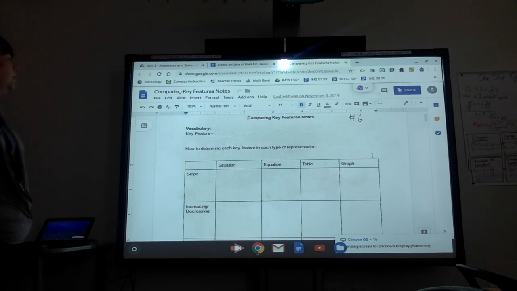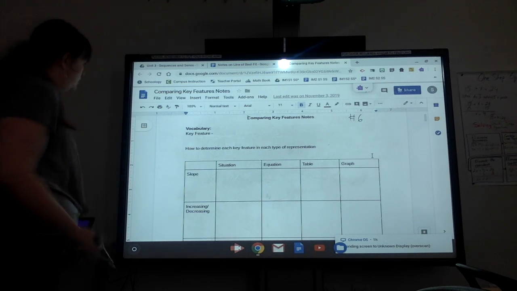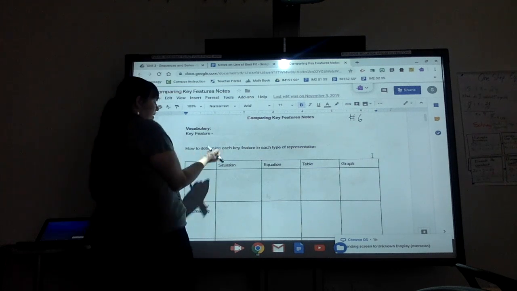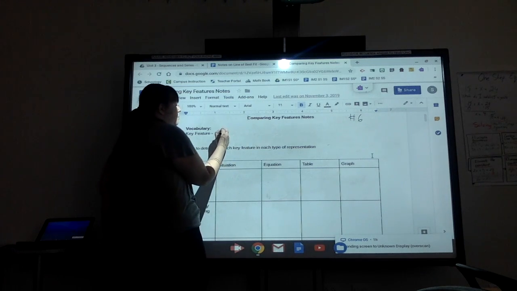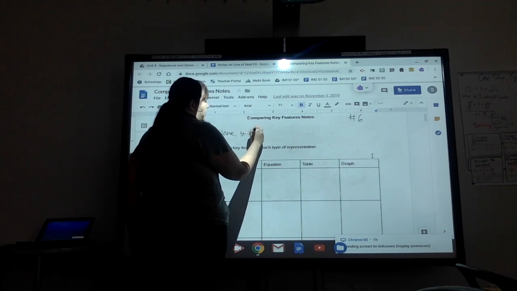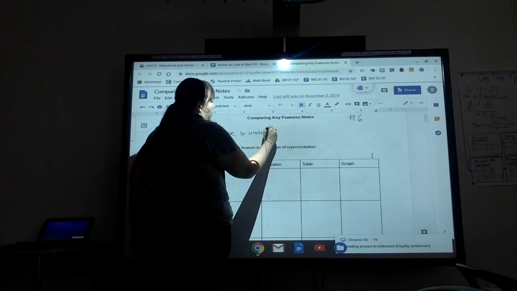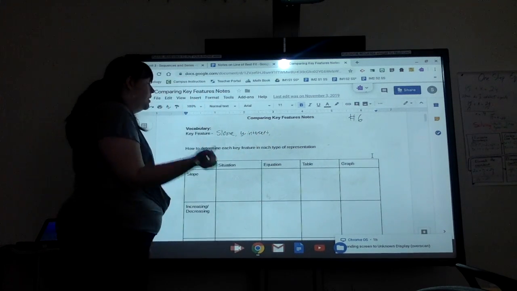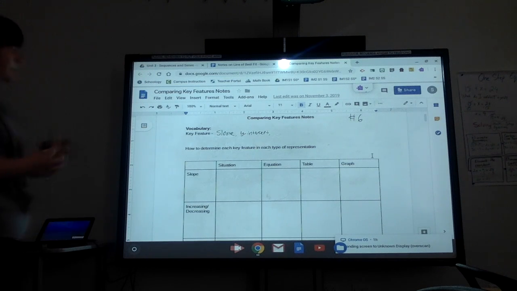So first of all, a key feature is something special in the situation, right? So we have tons of key features. For example, some key features that tell us something special are the slope, because the slope's what we're changing by, or the y-intercept, right? How much you start with. That's very special and important to us.